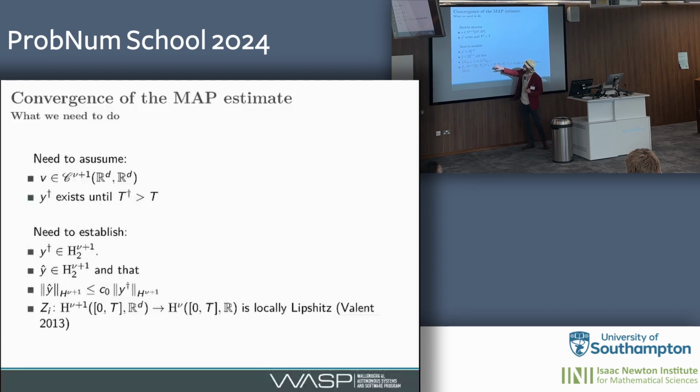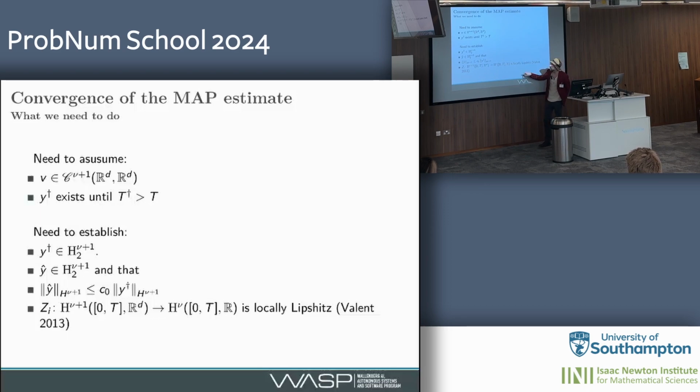And I haven't established the norm domination condition either. But all of these things basically just follow from RKHS theory. It turns out that our prior has an RKHS that is equivalent to this Sobolev space. So the norms are equivalent and they have the same functions as well.